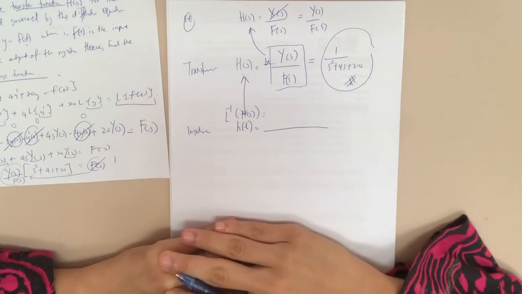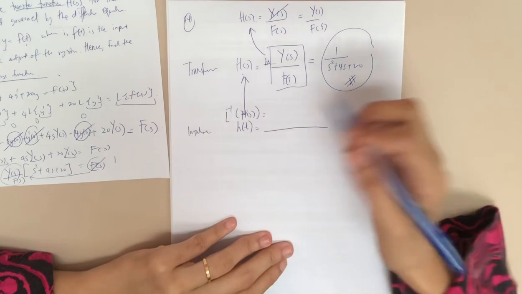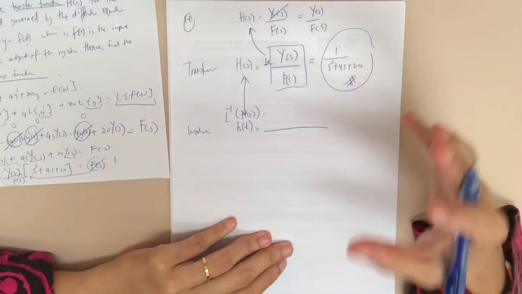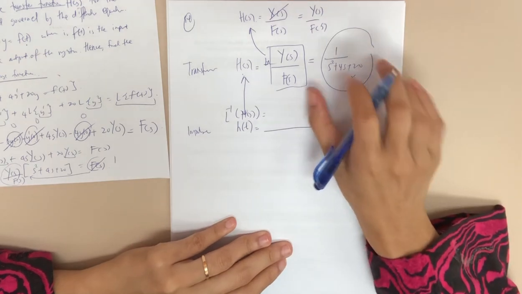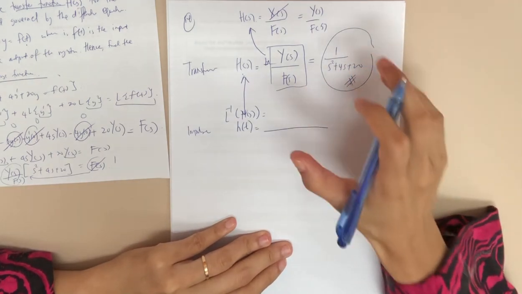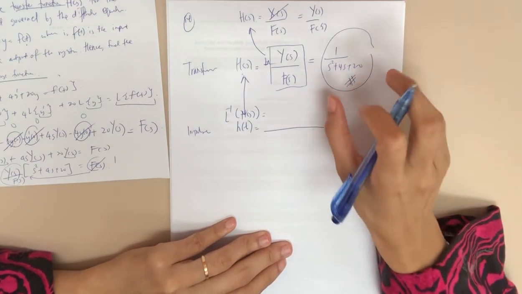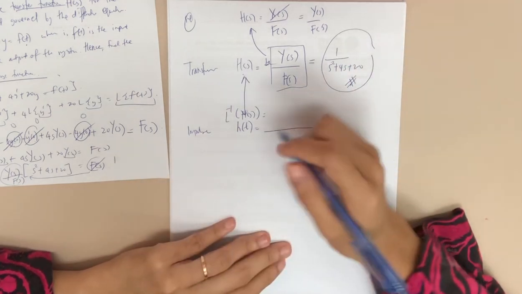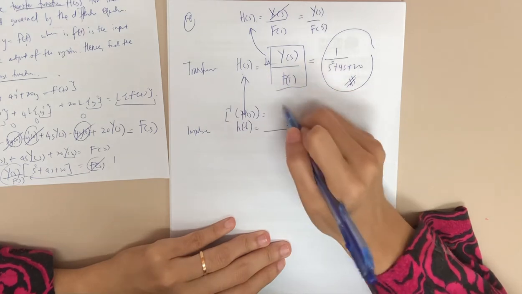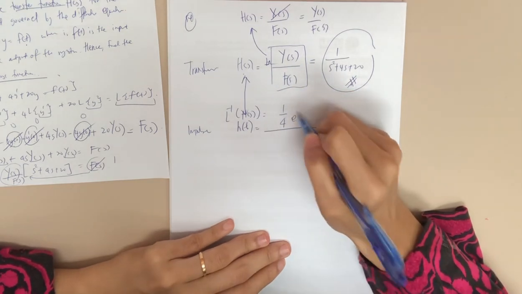You need to apply the inverse here. I just write down the final answer. I don't want to do the steps because I believe all of you already learned inverse before. You can refer to the previous video or the slides to answer this question.